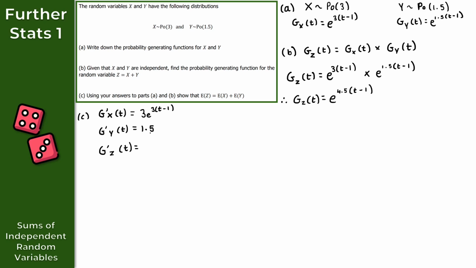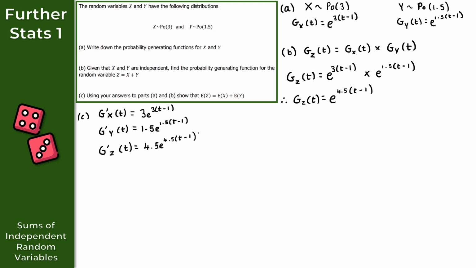And then finally, g prime of z in terms of t, that's going to be 4.5e to the power of 4.5 bracket t minus 1.